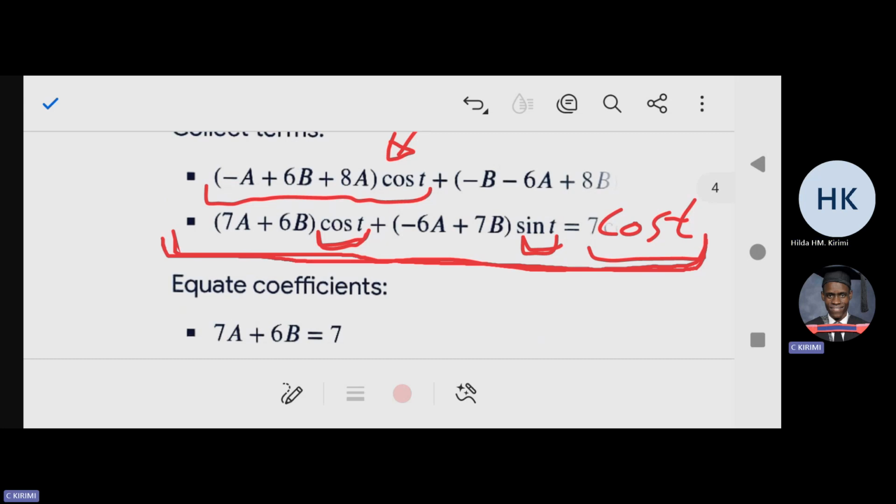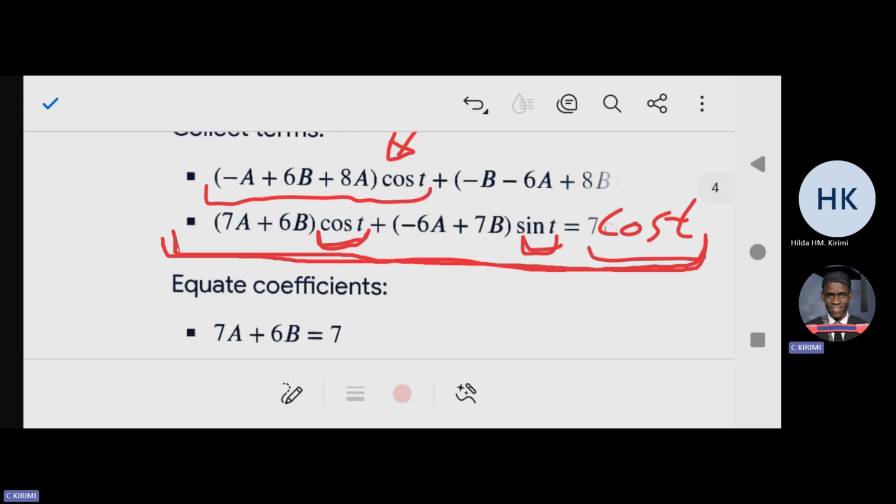On the left-hand side, you are having cos t and sin t. So if you want these equations to be the same, left and right, you want to solve for A and B that will make left and right equation the same.